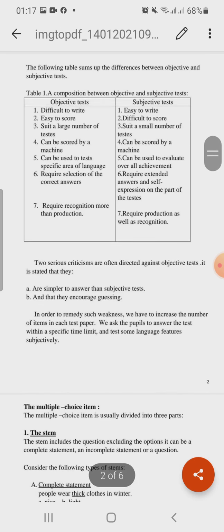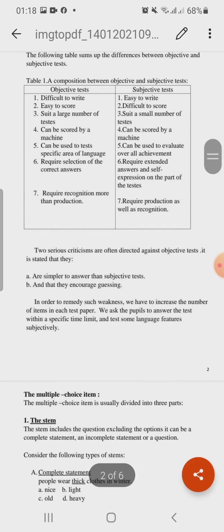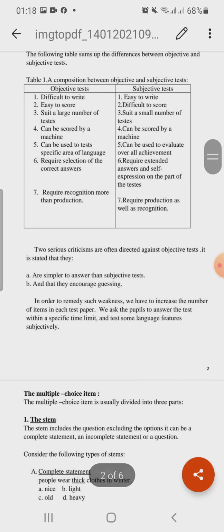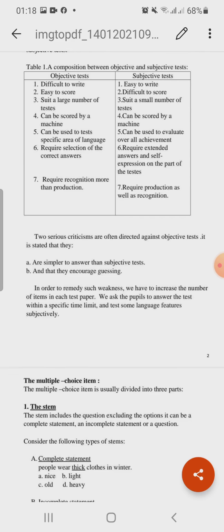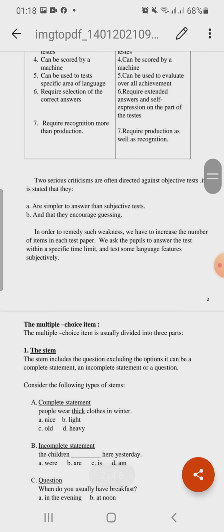Number 6 on the subjective: require extended answers and self-expression on the part of the test taker، يعني الطالب هنا يعبر عن ما فهمه من اللغة. Number 7: objective tests require recognition more than production يعني يطلب التمييز والإدراك أكثر من الإنتاج. Number 7: subjective tests require production as well as recognition، هنا يتطلب الاثنين الإنتاج وأيضا الإدراك أي الفهم.